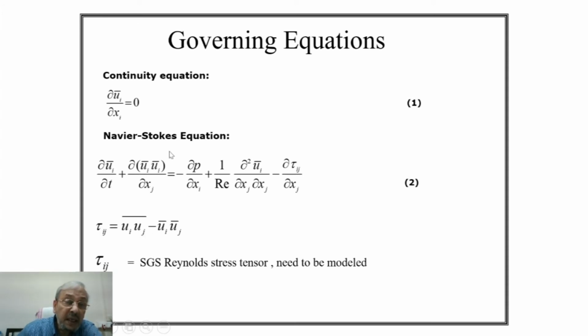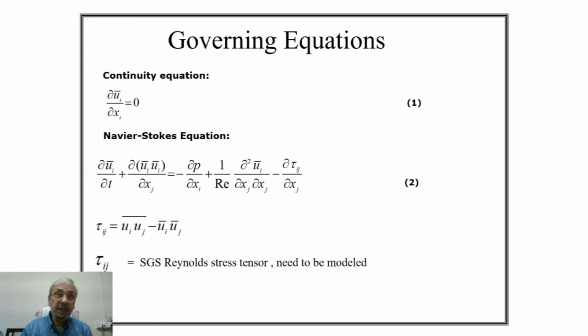When you apply the filter operation on the del xj of ui uj term in the original Navier-Stokes equation and perform the algebra, we actually transfer this quantity ui uj over bar minus ui bar uj bar to the right hand side.